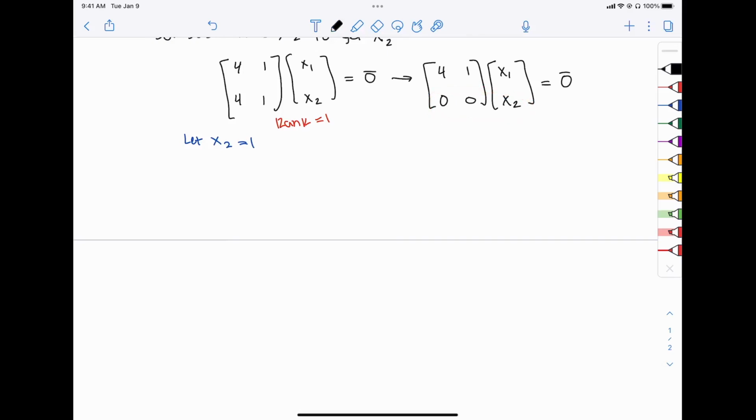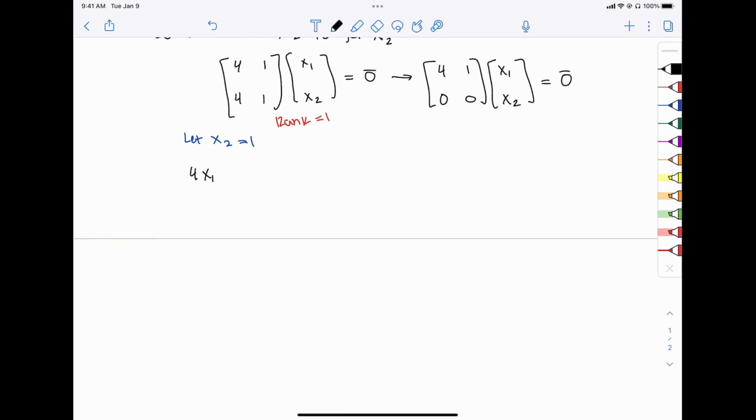So now I'm going to read across, and then we say 4 times x1 plus 1 times x2 equals 0. Well, we plug in 1 for x2. That's going to give me 4 times x1 plus 1 equals 0. Solve for x1. You'll get x1 is equal to negative 1/4.